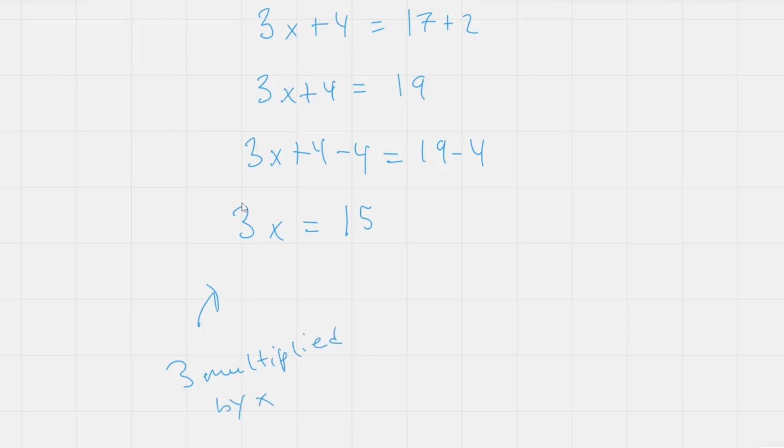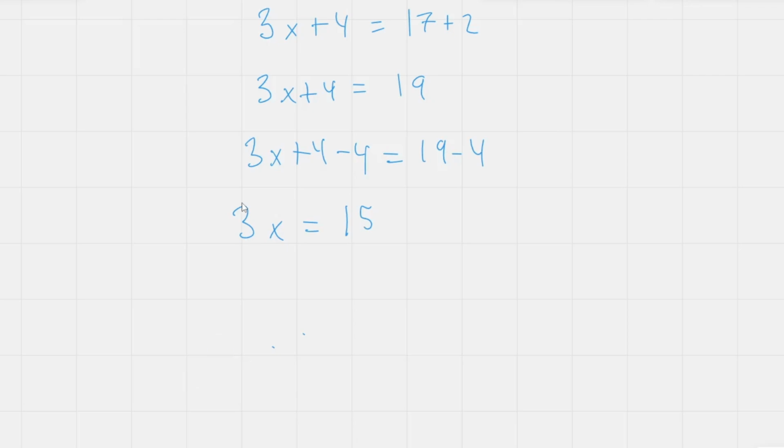It's just 3 multiplied by a value of x. So to get rid of it, what's the opposite of multiplication? It's division, right? So we have to perform division in this case. How do I get rid of the 3? All I have to do is divide this by 3 and divide that by 3.